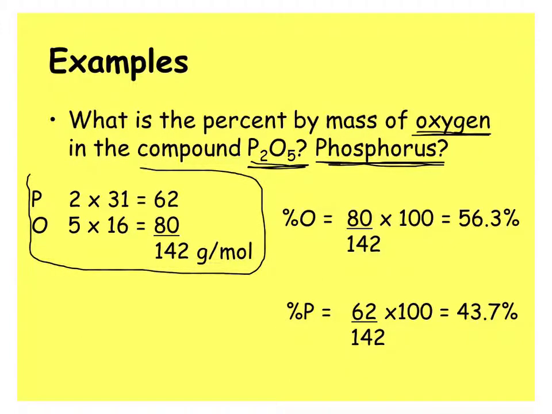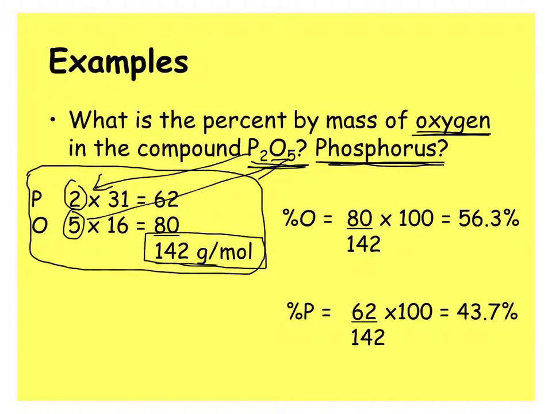So you know how to do that already. It's just the sum of all the phosphorus. So we have 2 phosphorus from here, and then we have 5 oxygen from here, and you multiply it by the atomic mass of each one of those, and you sum them up, and you get 142. Okay, so this is going to be our total mass of the compound, or the total part.